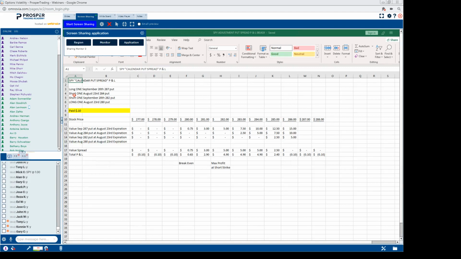Okay, so when we evaluate the value of these options at the August 23rd expiration, which is the expiration of the short put spread, we can't really assess the exact value of the September options because why? Not volatility.